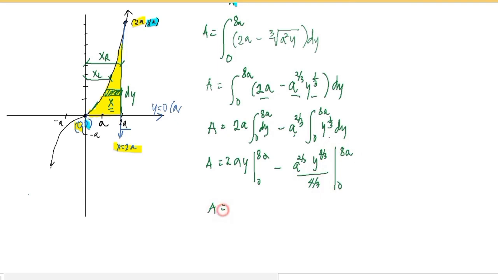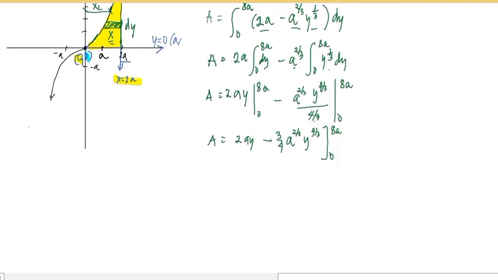So, if we are going to rewrite this, we have here 2ay, no, minus, take the reciprocal for this, so we have 3/4, a raised to 2/3, then we have here y raised to 4/3. And of course, our limit here from 0 to 8a.